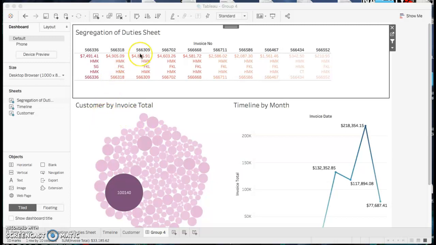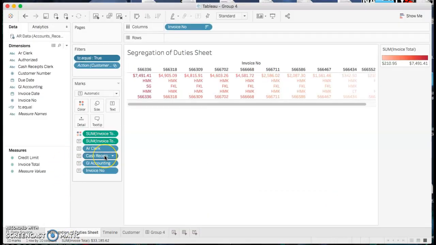For the segregation of duties sheet, this company requires that the same employee does not act in more than one of the following roles: accounts receivable, cash receipt clerk, or general ledger accounts clerk.